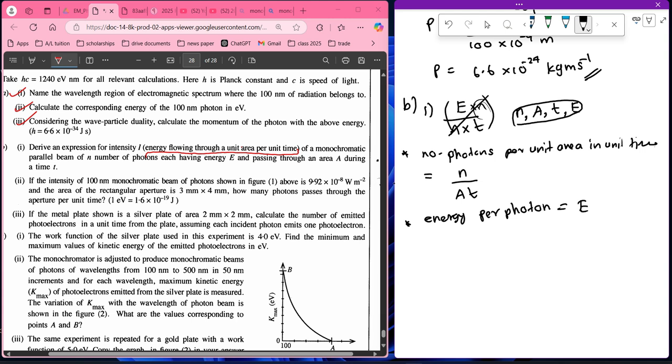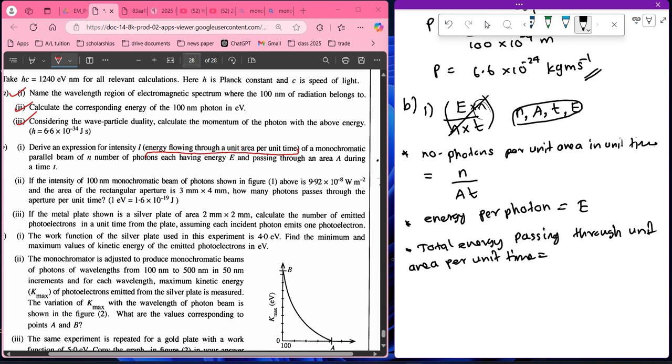So the total energy passing through unit area per unit time, what could it be?